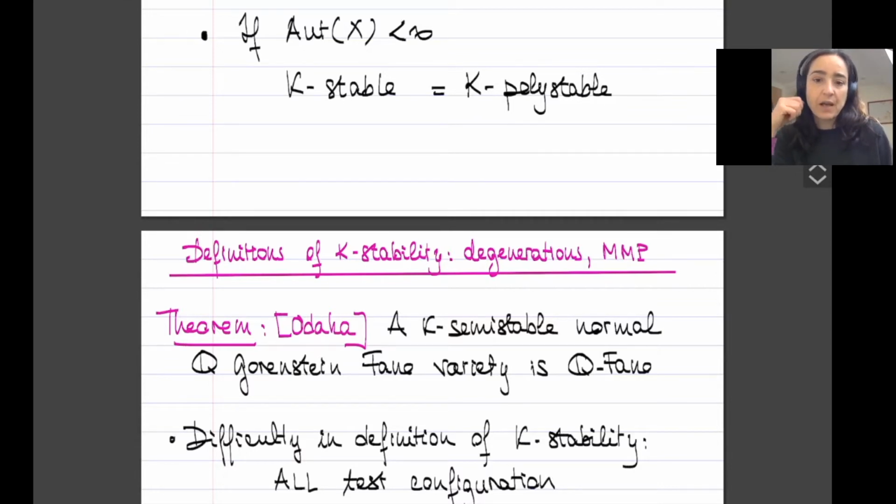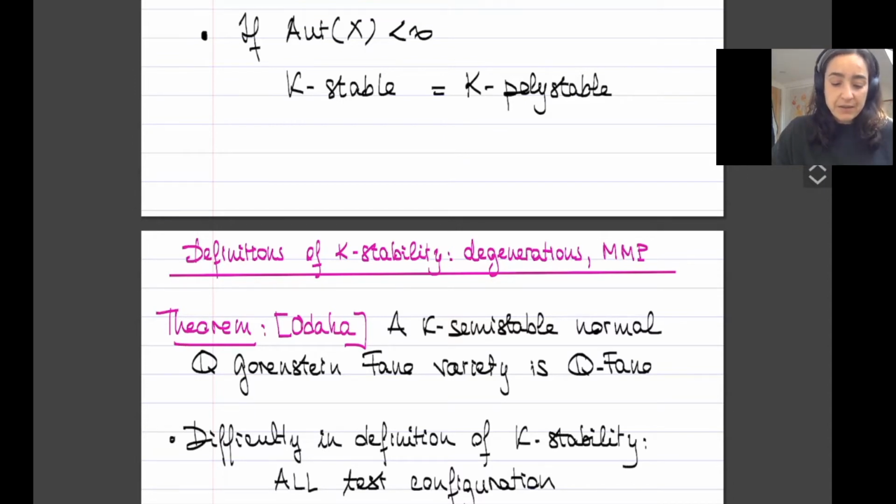You can, of course, define those notions of K-stability, semistability, polystability for singular varieties; you're not limited to manifolds. And Odaka showed that a K-semistable normal Q-Gorenstein Fano variety is always Q-Fano, so it has Kawamata log terminal singularities, KLT singularities.